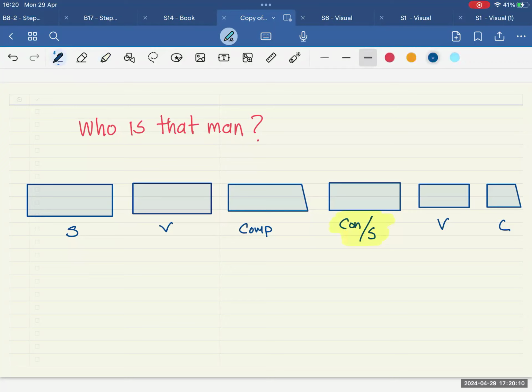So look at the answer. I'm gonna say something like, who is that man? ¿Cuál sería mi sujeto of the answer? Who is that man?